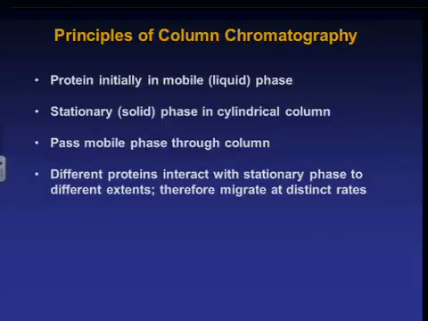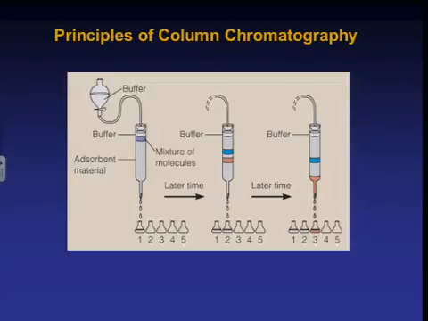But the idea is you're getting fractionation of proteins. Some are going to interact with that stationary phase well, and they're going to get hung up on the column. So as the mobile phase is going through, they're going to spend more time interacting with the column, and they're going to come out the bottom of the column later, right?